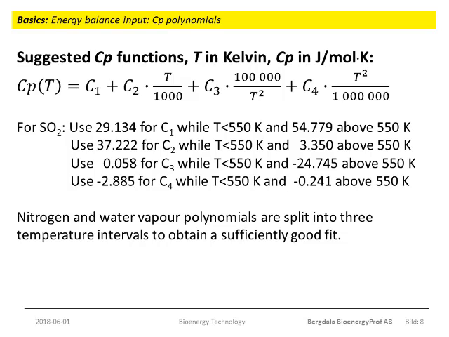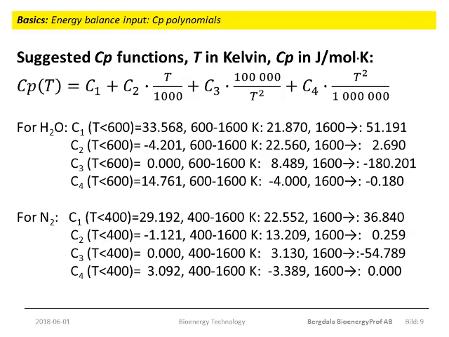In reality, a phenomenon called dissociation will occur at temperatures exceeding about 2000 degrees, but for this short course we will accept the use of these functions to 2500 degrees.